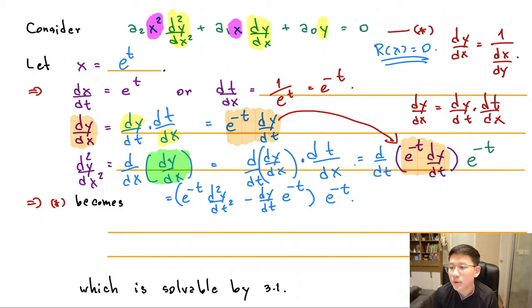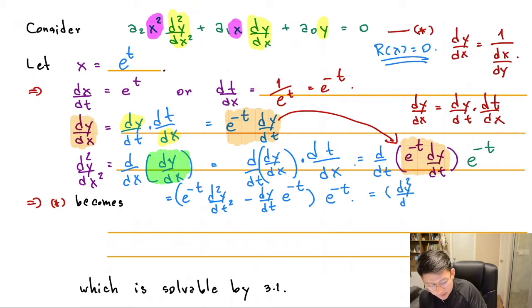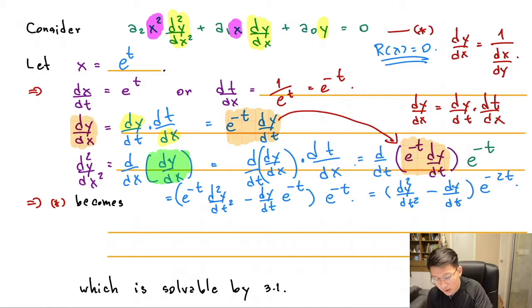Okay, and then I pull e to the minus t out. So what I have is, what is it? The second derivative minus dy by dt, and e to the minus 2t. Make sense? I pull this e to the minus t out.